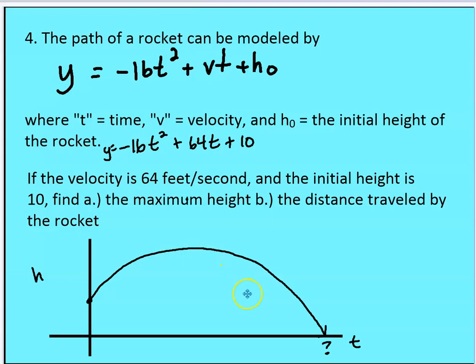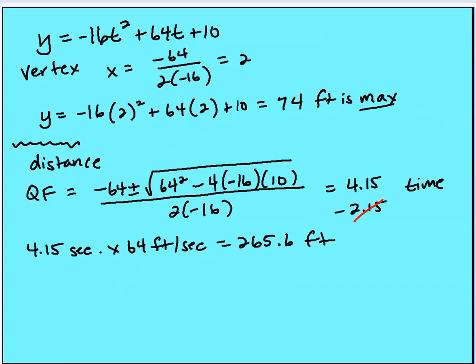We could also create a distance graph over time. But that graph is going to be more of a linear function because the speed of the ball is 64 feet per second. It's constant. So we take the amount of time that it's been traveling, we multiply it by the velocity, and you get 265.6 feet is the distance that it has traveled.